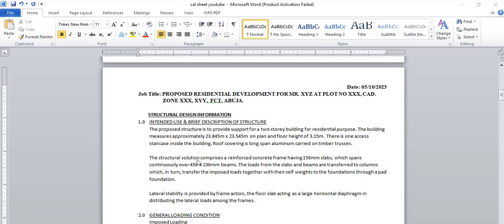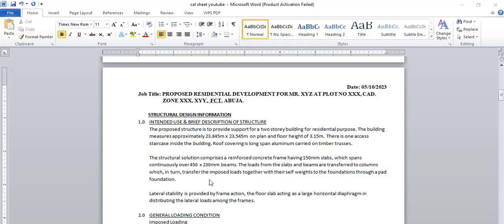Then the next thing you say, the structural solution comprises a reinforced concrete frame having 150 slab which spans continuously over a 450 by 230 beam. The load from the slab and beam are transferred to column, which in turn transfer the imposed load together with its self-weight to the foundation through a pad foundation.